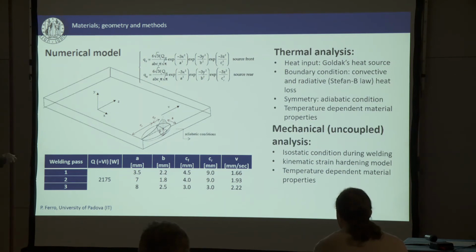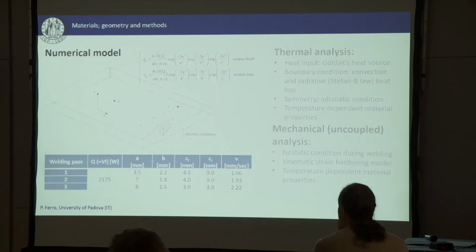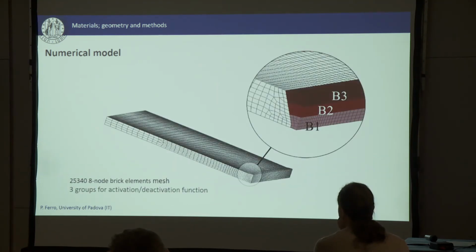This is the table that summarizes the main important parameters, in particular the geometrical parameters used for the Goldak heat source. Such parameters are calibrated by using a macrograph of the weld bead. This is the numerical model.